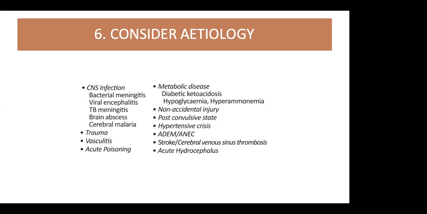We should also consider stroke, cerebral venous sinus thrombosis, or any acute hydrocephalus. So please read more on this etiology as it will be time consuming to explain them one by one.